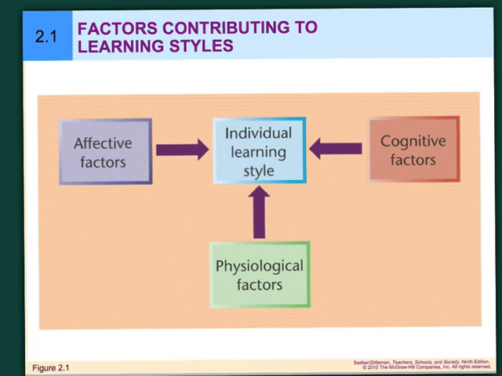So while I may be a visual learner, others may learn from reading, others may learn better from viewing, others may learn better from listening. Doesn't mean that we don't work on all of those learning styles, but we do have a preference. And the factors that go into our learning styles has a lot to do with that as well. So we have affective factors, cognitive factors, and physiological factors.